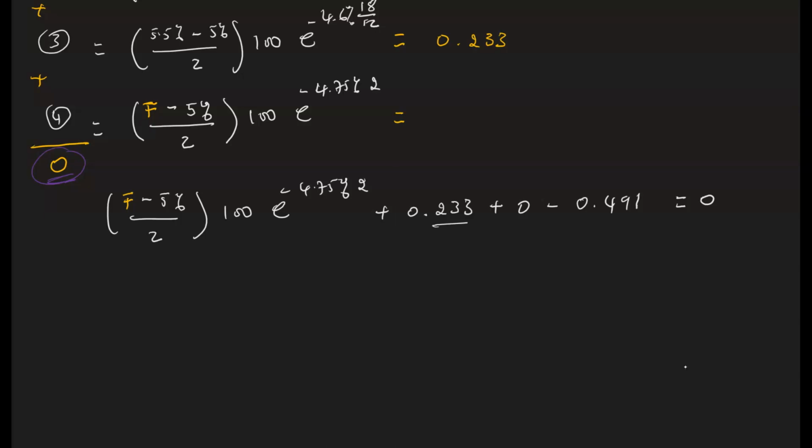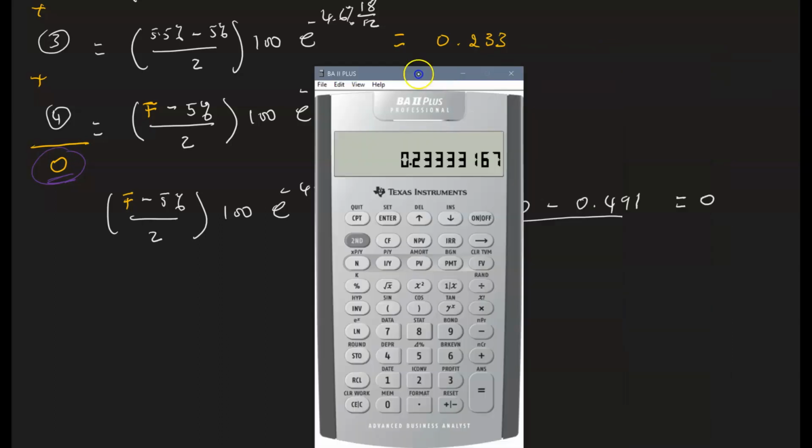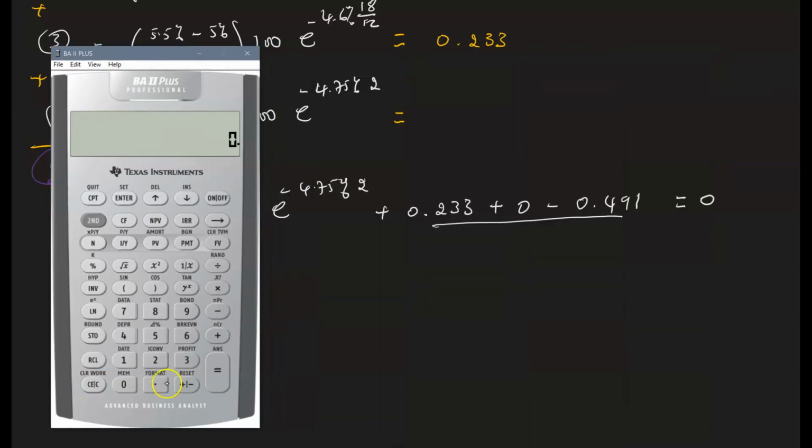Now the sum of these two gives me the following. We have 0.233 minus 0.491, that's going to be minus 0.258.